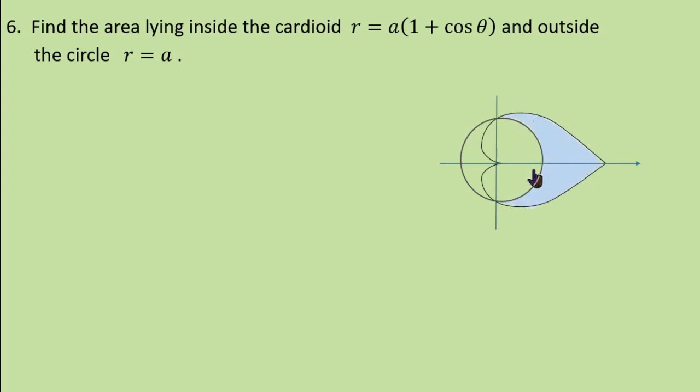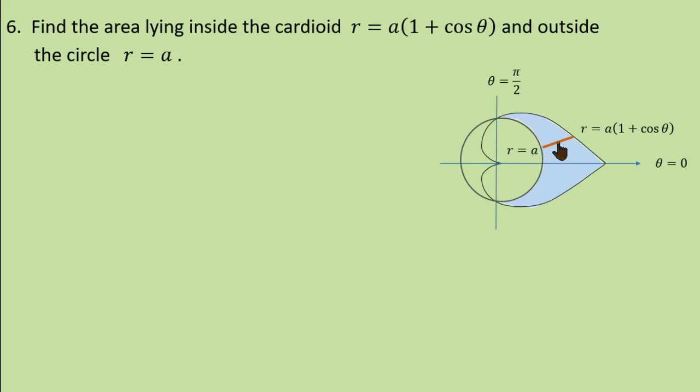Now how to find this area? This is nothing but 2 times the area in the first quadrant, and hence the required area is the double integral, theta varies from 0 to pi by 2. For every theta, r varies from a to a into 1 plus cos theta. So 2 times this first quadrant area.